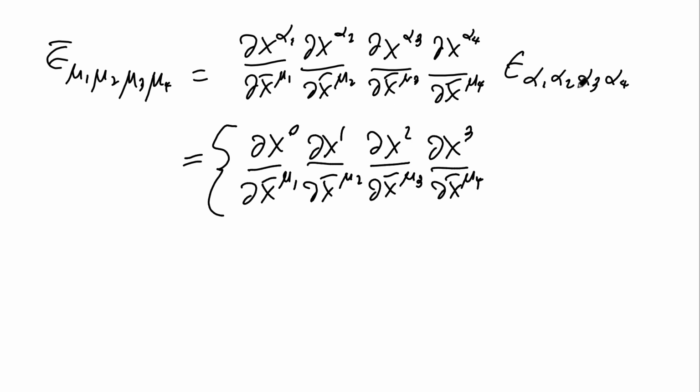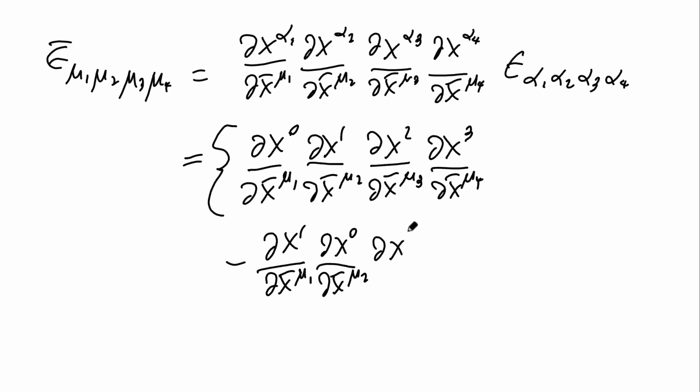And we also have in this quadruple sum odd permutations of 0, 1, 2, 3, and they'll be multiplied by minus the square root of minus g. So here's the minus sign. And now let's swap the 0 and 1 indices. So this is partial x1 with respect to x bar mu1, partial x0 with respect to x bar mu2, partial x2 with respect to x bar mu3, partial x3 with respect to x bar mu4, and so forth.